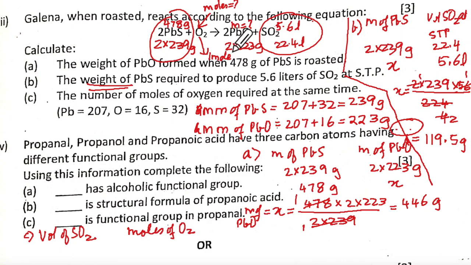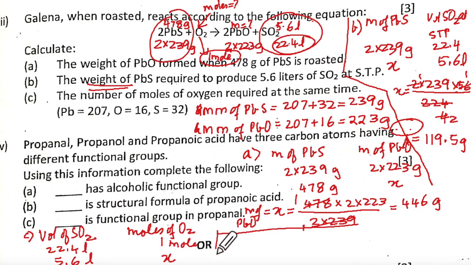Now there is 1 mole and 22.4 liters. Then oxygen has got 1 mole. So if it is 5.6 liters, then it is X.